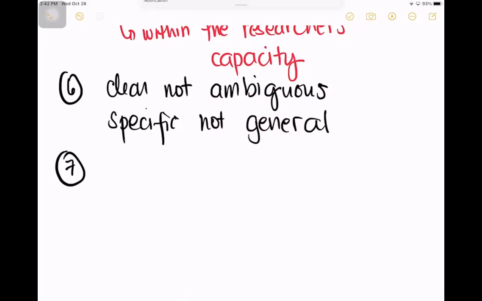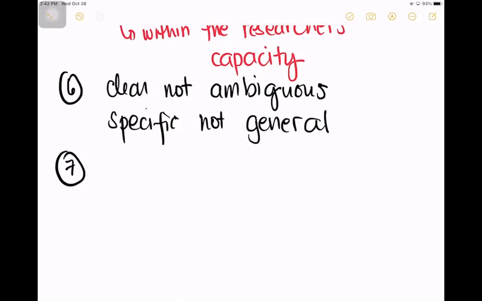But if you are the main proponent of the study, then you have to remember that it should be within your qualifications as well.